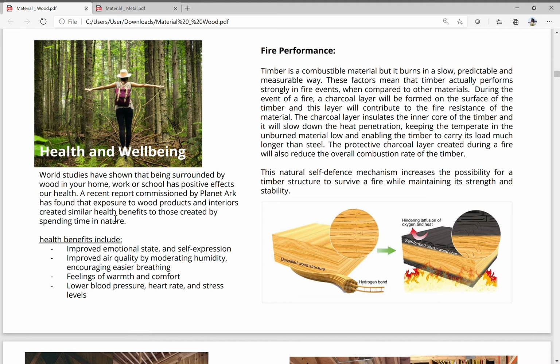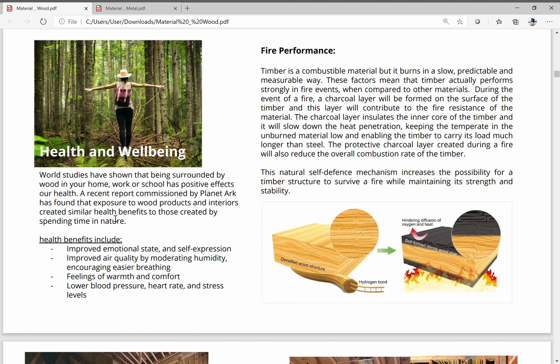It also improves the air quality, gives you the feeling of warmth and comfort, and it lowers blood pressure. I think being surrounded with wood, even with plants, will have these health benefits later on.